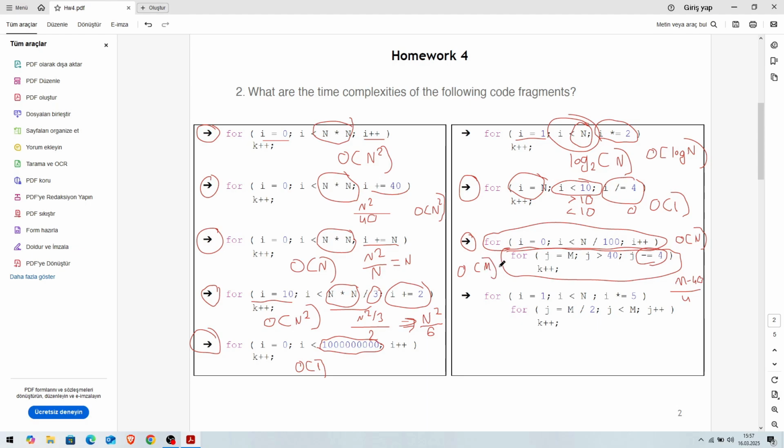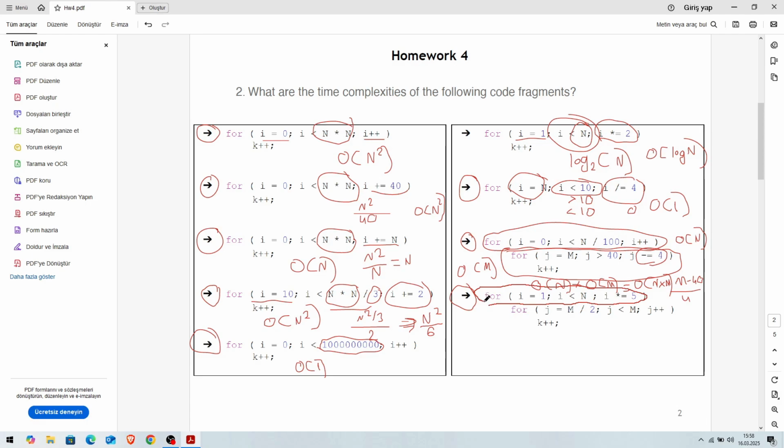When we calculate this, the two loops are nested, so the total work is O(n) multiplied by O(m), which is equal to O(n times m).